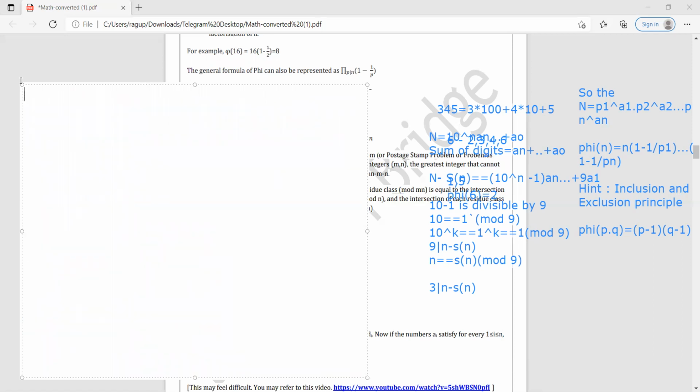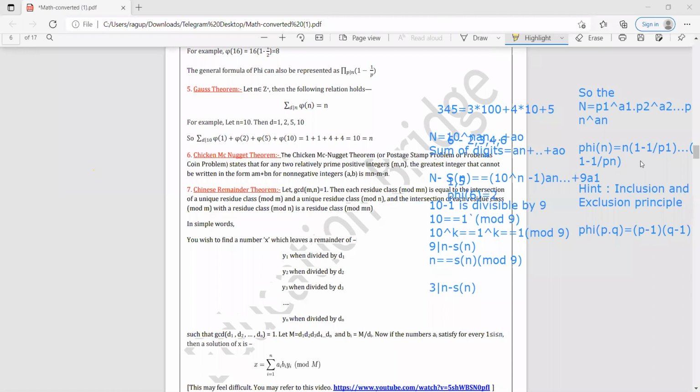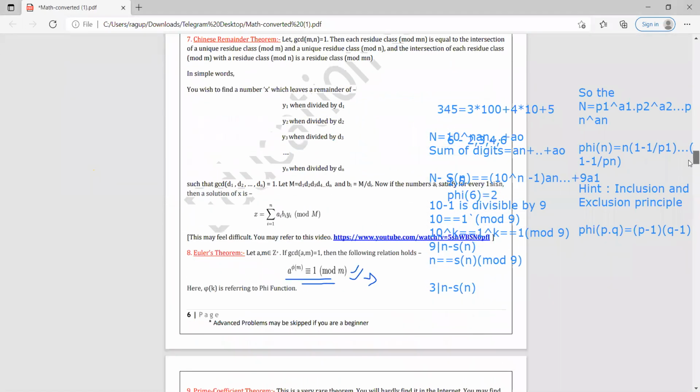Let's move on to our next theorem. So it is Euler's theorem.